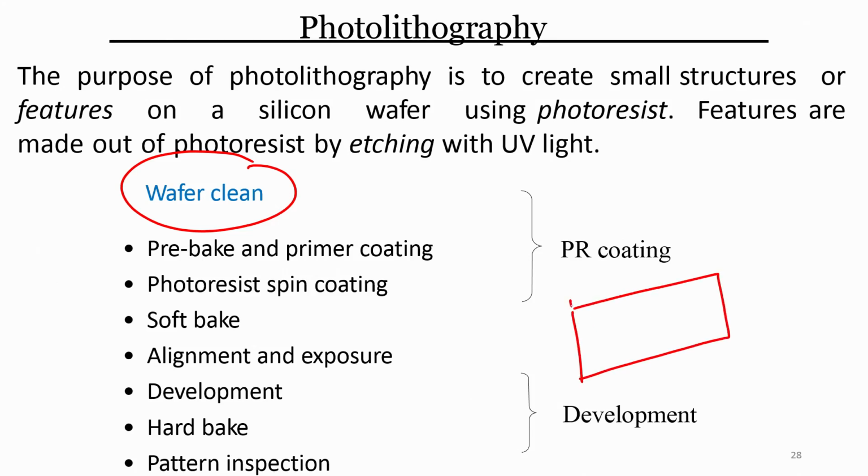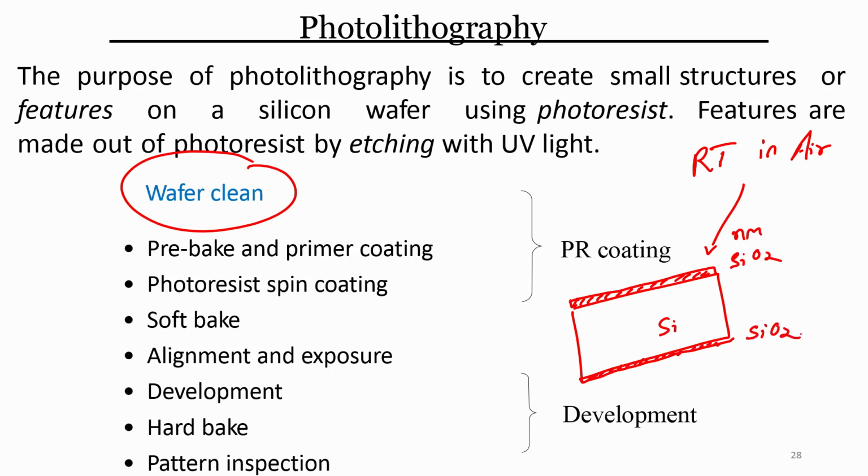we have a wafer, and even if we do not do anything in air at room temperature, there will be a thin layer of oxide, a few nanometers, grown on the silicon wafer.